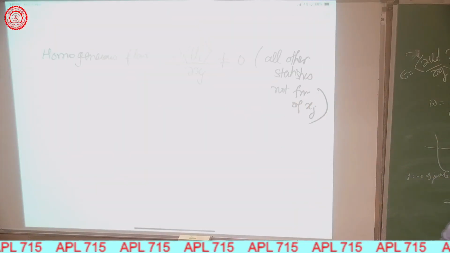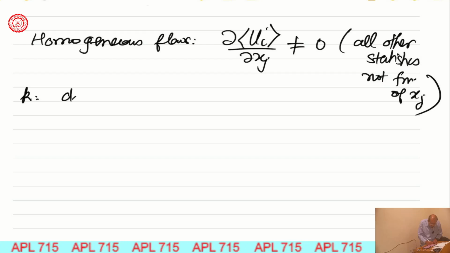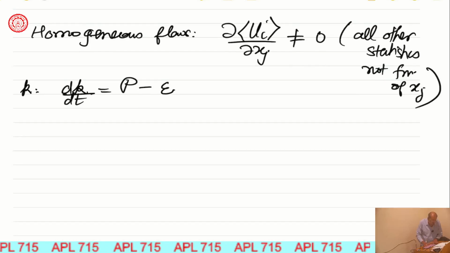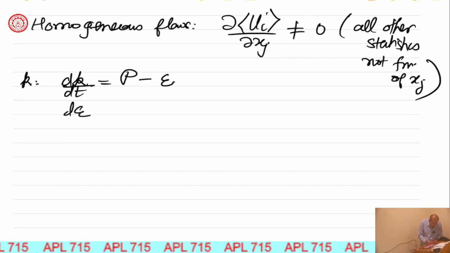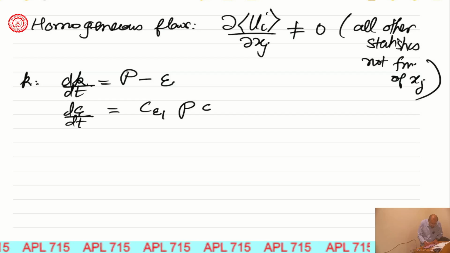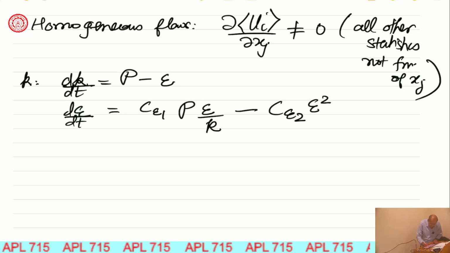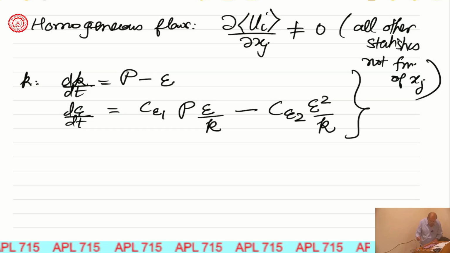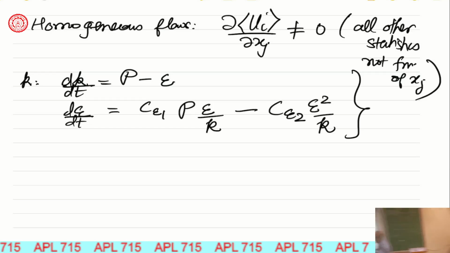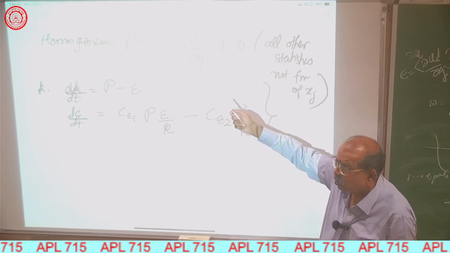If we look at a flow like this, then the K equation becomes dK by dt is equal to production minus dissipation, and d epsilon by dt will become C epsilon 1 P times E by K minus C epsilon 2 E square upon K. So for this, you just have to put d by dxj of all turbulence quantities as 0. Therefore the gradient terms will go to 0.